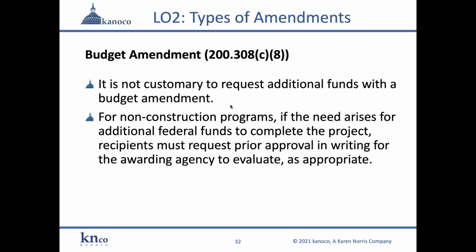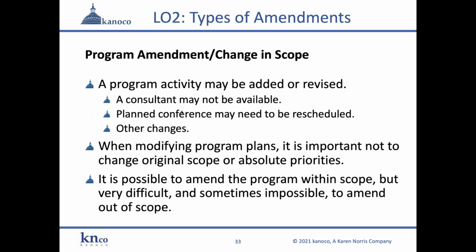Now, for non-construction programs, if the need does arise for additional federal funds to complete the project, recipients can request more money, but they must request it in writing, with prior approval, for the awarding agency to evaluate, to consider, and to approve or deny whatever they feel is appropriate. So it is not likely, but it is possible, which is how this particular provision is presented.